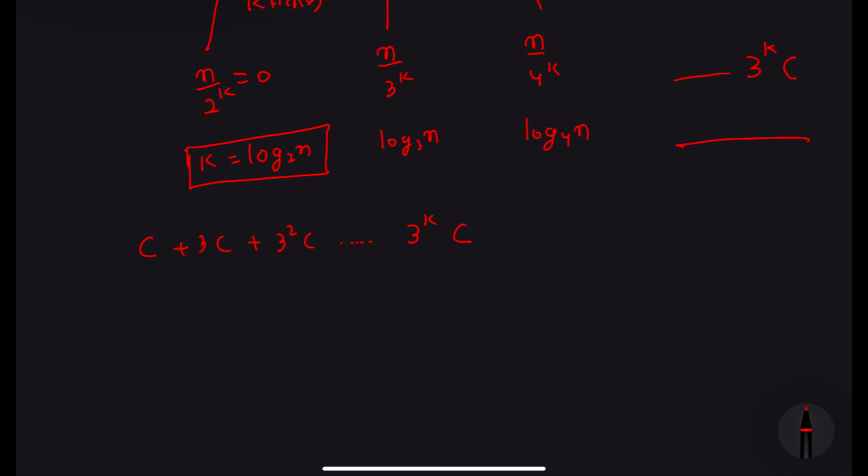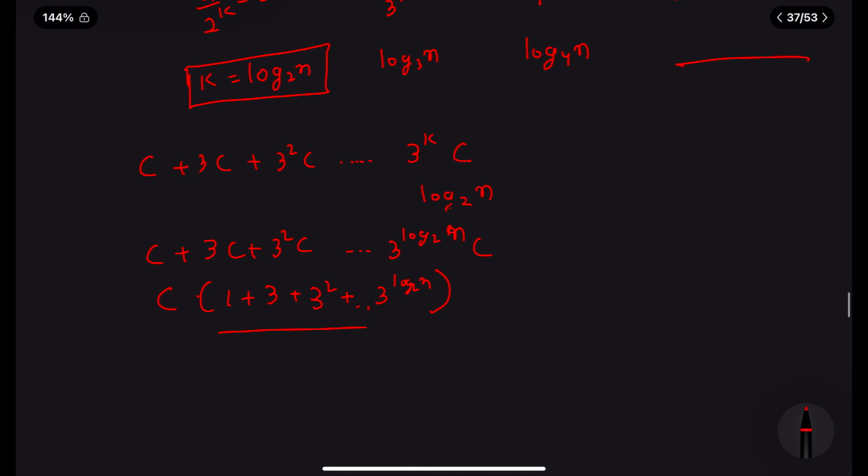So the sum is C(1 + 3 + 3^2 + ... + 3^(log base 2 n)).